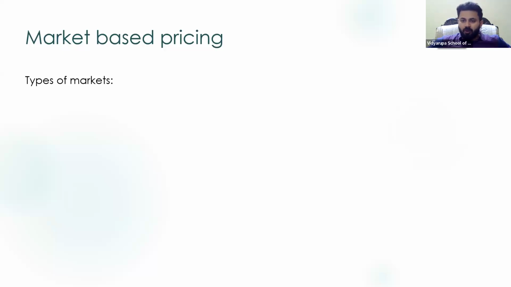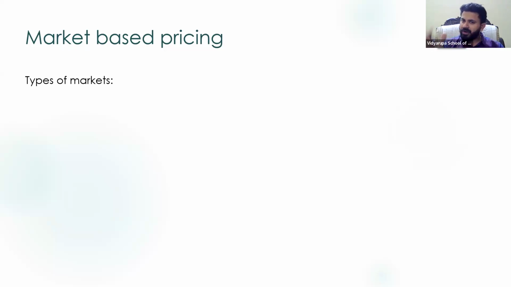The type of market that we operate in and the level of competition can very well impact our pricing decisions. Once again, let me repeat it. What type of market we operate in can very well impact our pricing decisions, our pricing choices.